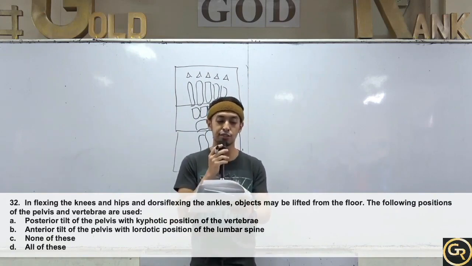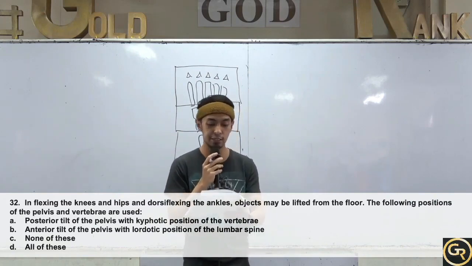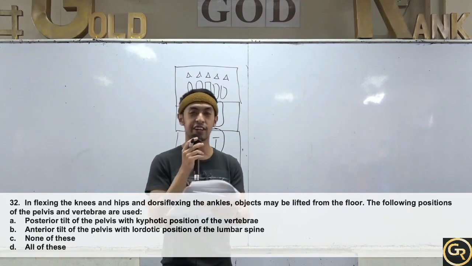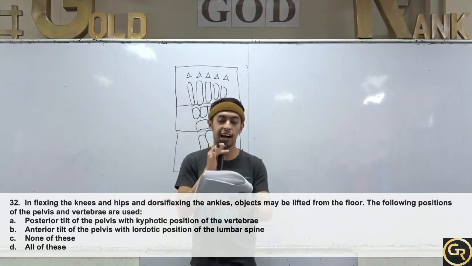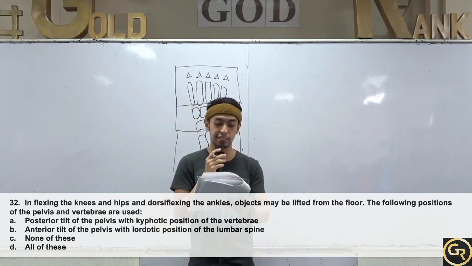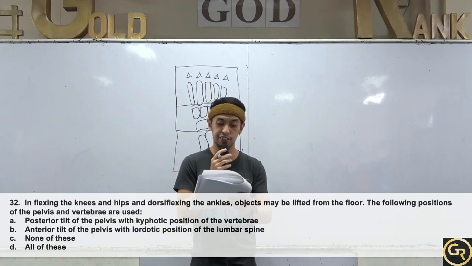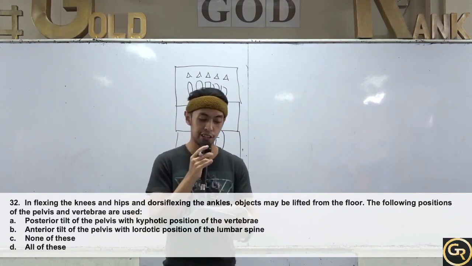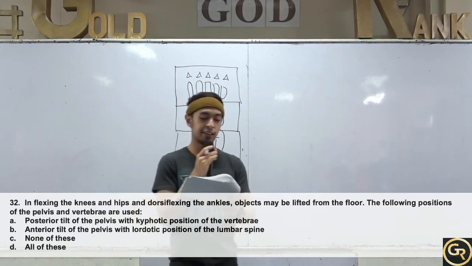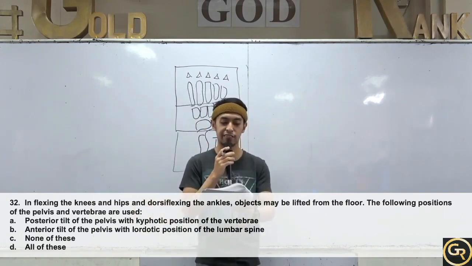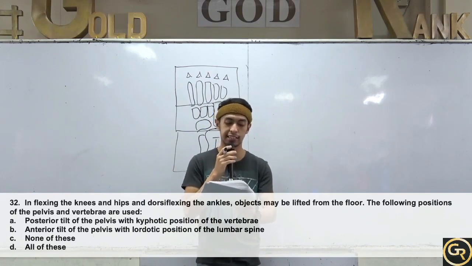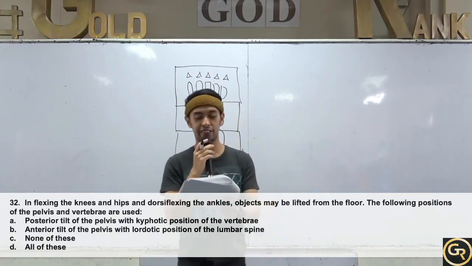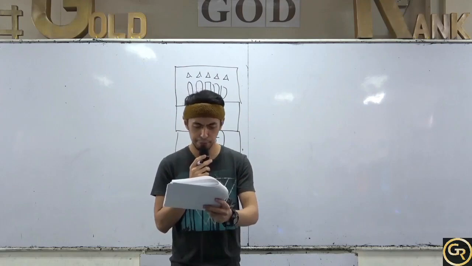It includes posterior tilt of the pelvis with kyphotic position of the vertebrae plus anterior tilt of the pelvis with lordotic position of the lumbar spine. So pasok po ba both choices? Yes. Your A and B are correct. Based from your Brunnstrom, it's letter D. All of these.